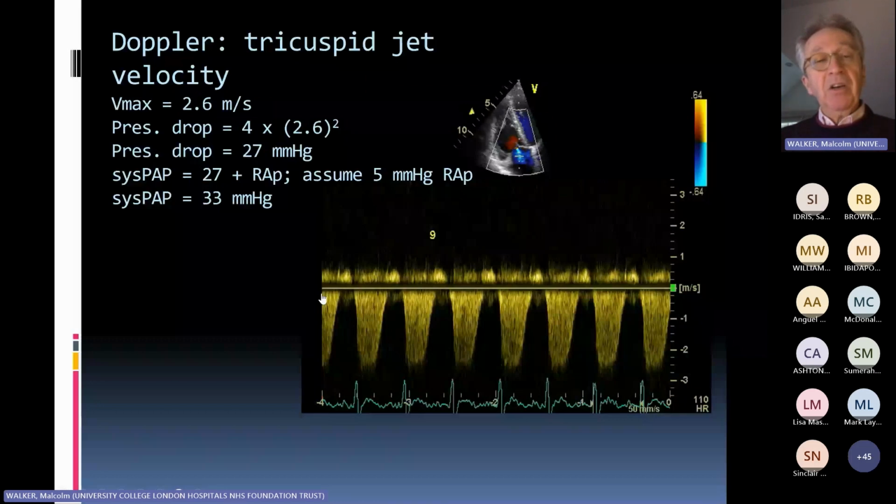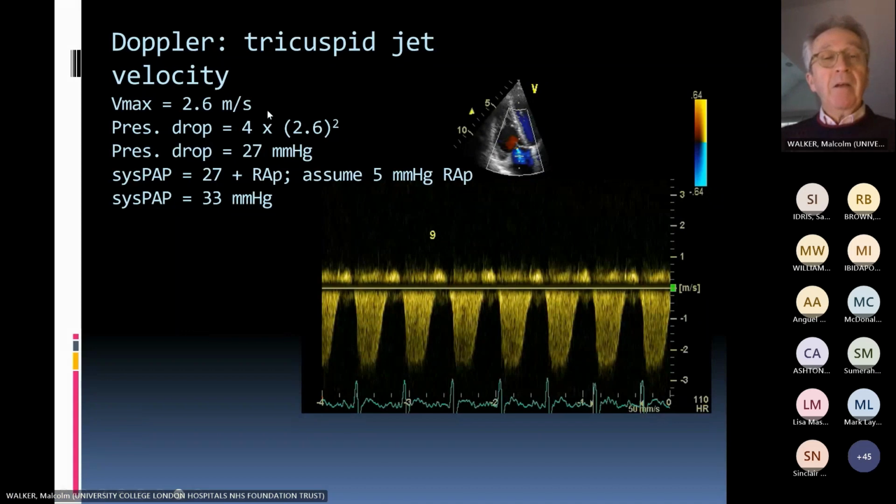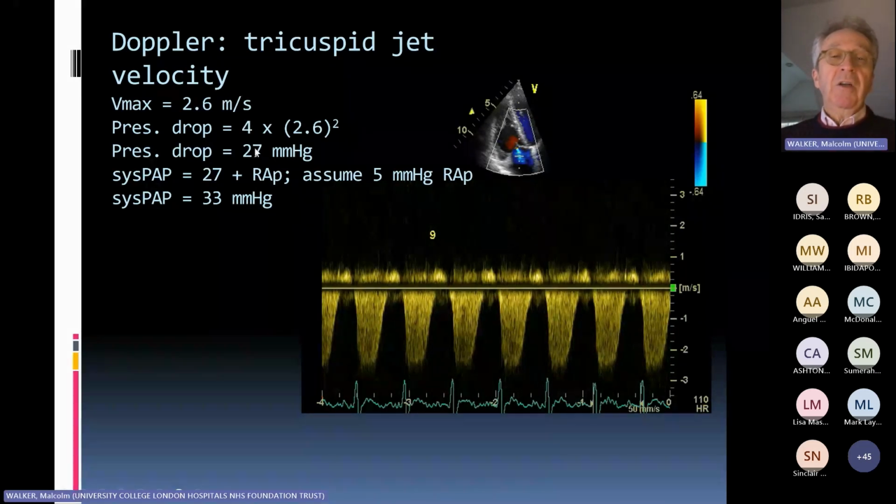I tend to get my technicians to quote the velocities because there are some errors here, and if you go down to get a pressure, you're multiplying your errors, you're squaring them, then you're multiplying the error by 4, and then you're adding a guess as to what you think the right atrial pressure might be. So everybody looks at this, the systolic pulmonary arterial pressure, and that's what's quoted in most echo reports.